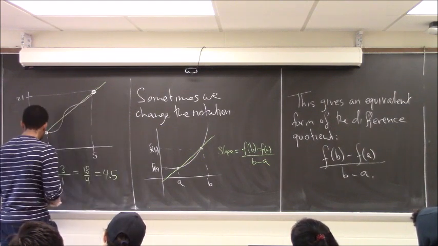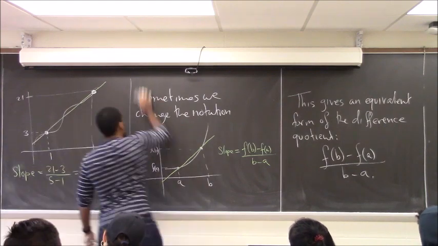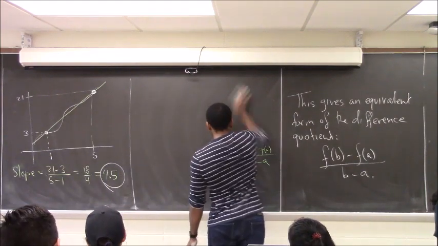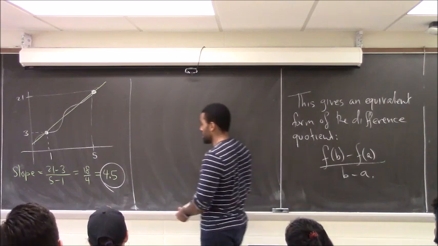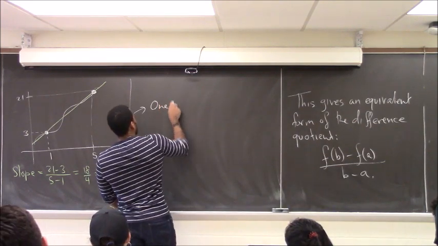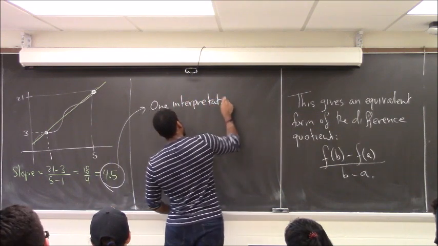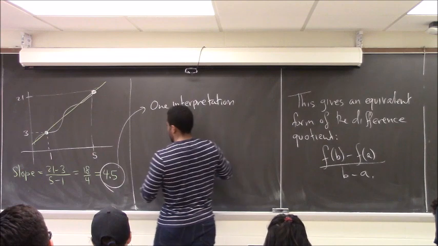Now, what does that number mean? How can you look at that number 4.5? Slope's increasing, but more specifically, how we can look at this, one interpretation. It's an important interpretation. It's the interpretation that I want to introduce just now.